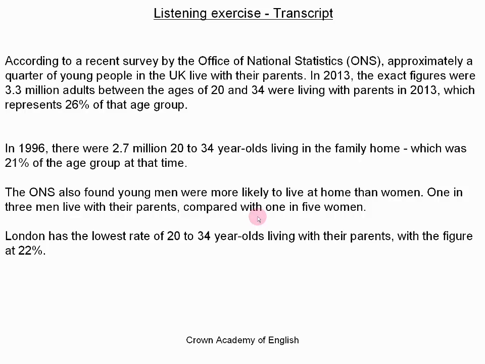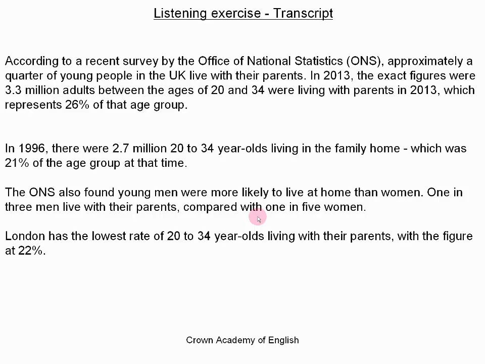In 1996, there were 2.7 million 20 to 34-year-olds living in the family home, which was 21% of the age group at that time. The ONS also found young men were more likely to live at home than women. 1 in 3 men live with their parents, compared with 1 in 5 women.